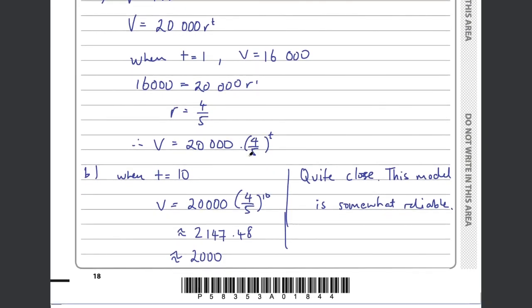What impacts the depreciation? It's R, right? So let's say the value of R is smaller. Let's say it's 0.5. After 1 year, we would already have half the value of the car because 0.5 to the power of 1 is 0.5. So 20,000 times 0.5 would be 10,000. So if R goes down, the value is depreciating faster. If R goes up, it's depreciating slower.